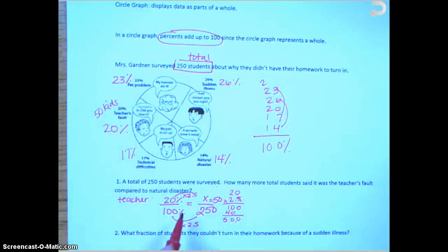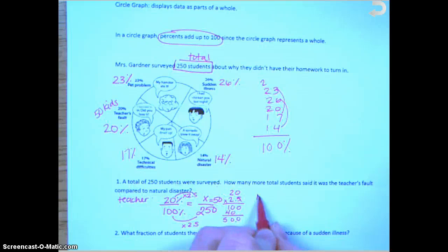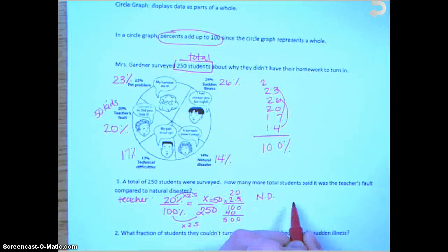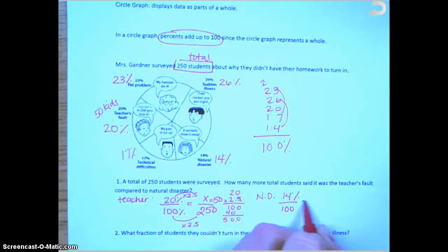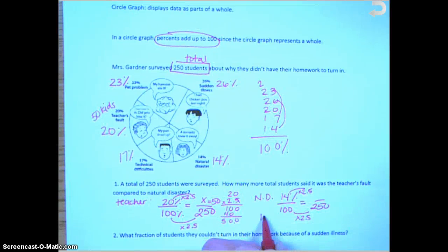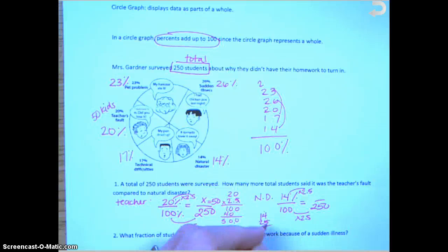Okay. Then it was talking about natural disaster. So the natural disaster was 14% out of 100. So how many kids would that be out of 250 kids? Same thing, times 2.5. So 14 times 2.5 would be 35.